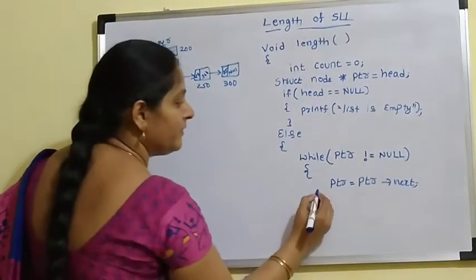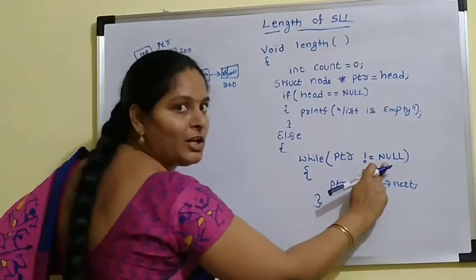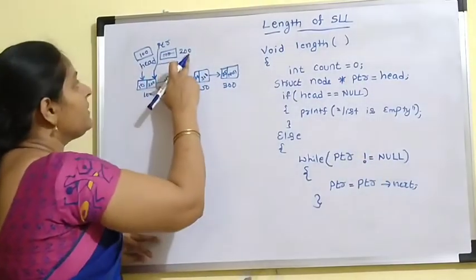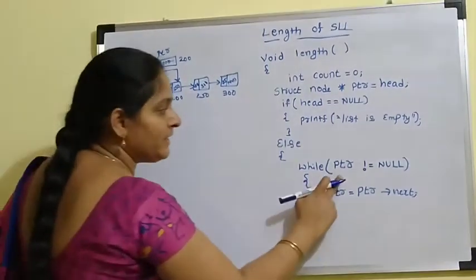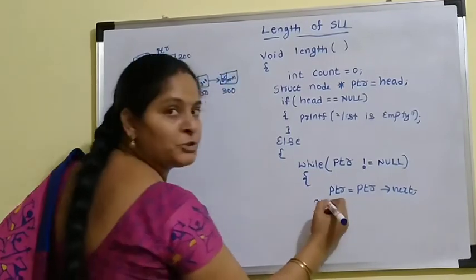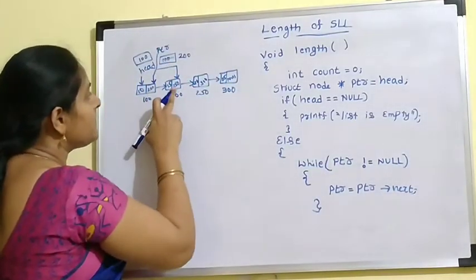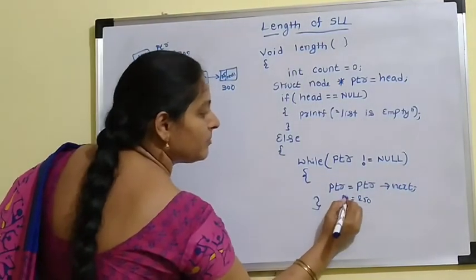Now again we need to verify the same condition. PTR is equal to null or not. Here PTR value is now 200. 200 is not null. If PTR is not null, then what to do? Assign the PTR next address to the PTR. What is the PTR next address? 250. So that 250 is assigned to PTR.